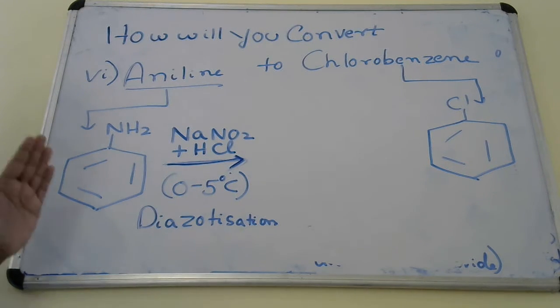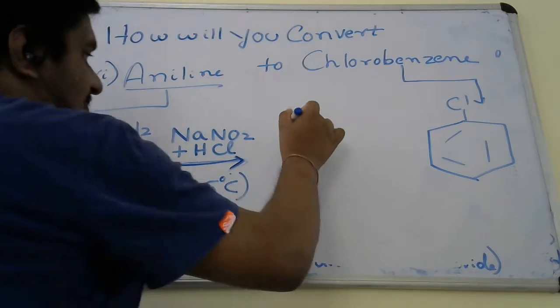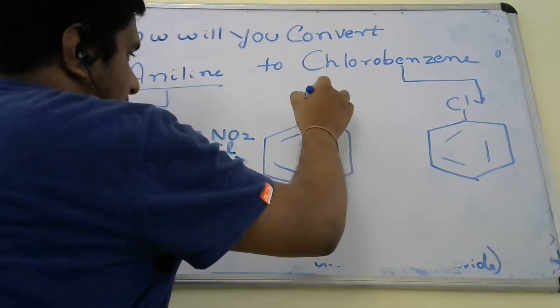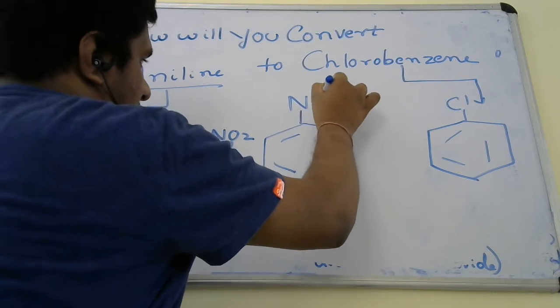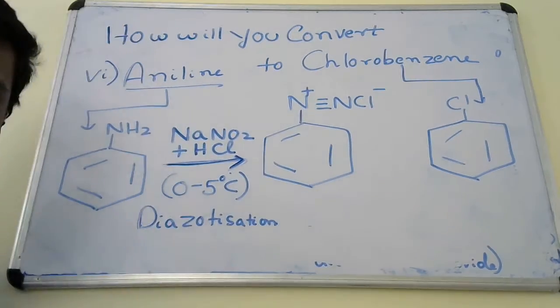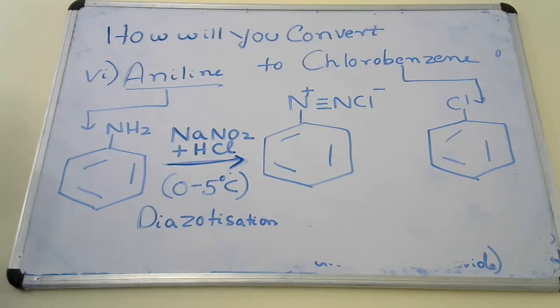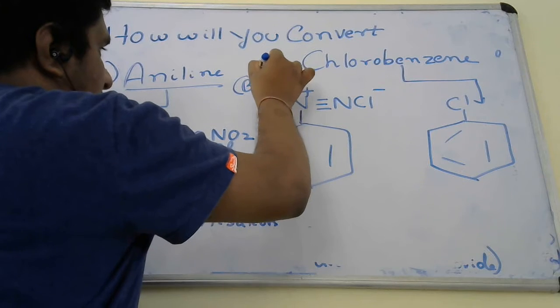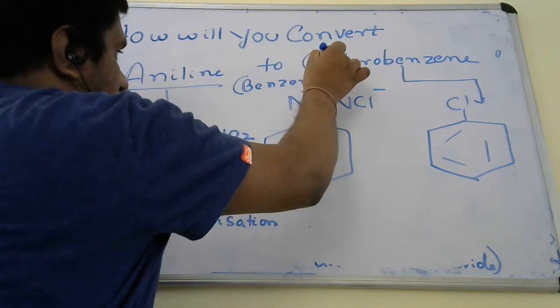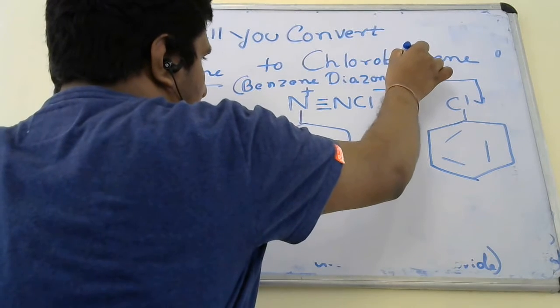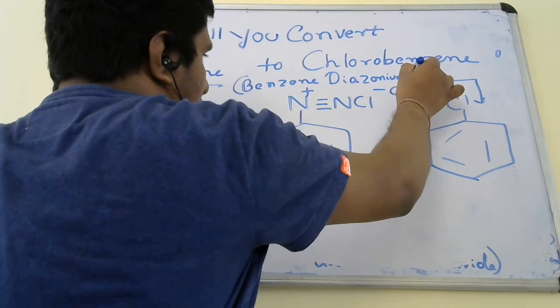Aniline will be converted into a compound called benzene diazonium chloride. Let me write down the name of the compound. Here I am writing benzene diazonium chloride.